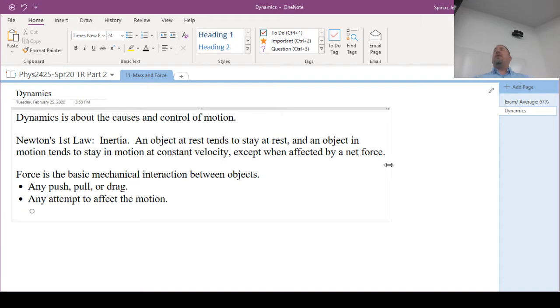And one other thing to remember about forces is that the actual effect of a force, if successful, depends on the direction of the force, and it depends on the relative direction. If you exert a forward force, that force is trying to speed up the motion.